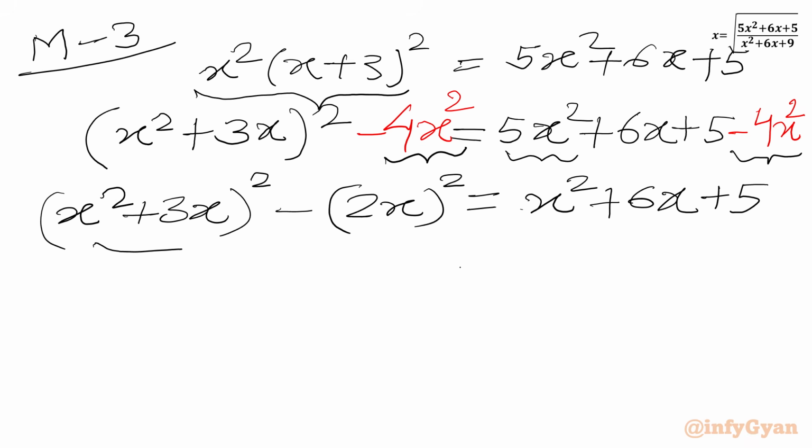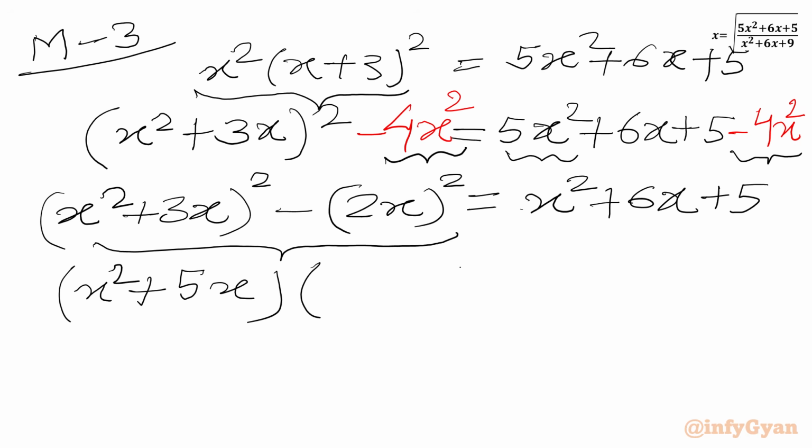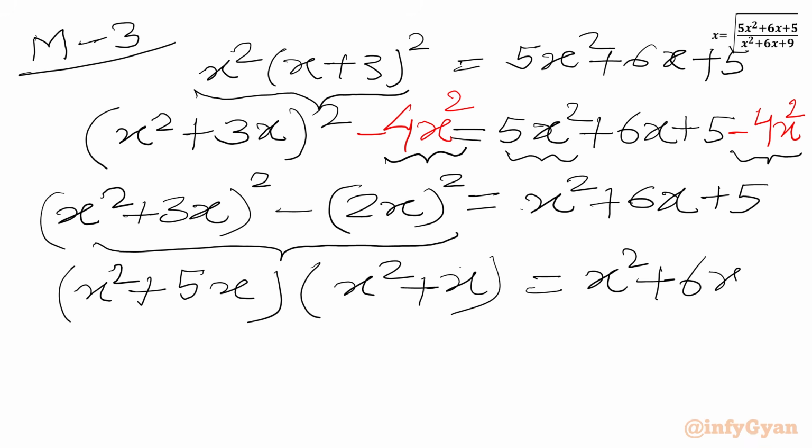Now we can use the a square minus b square formula over here, and we will get (x square plus 3x plus 2x), so 5x, times (a minus b), x square plus 3x minus 2x, we will get x square plus x. In RHS we have x square plus 6x plus 5. So from left hand side we will take x common from both the brackets.